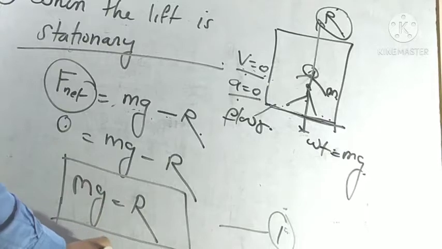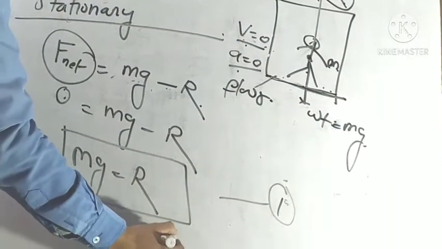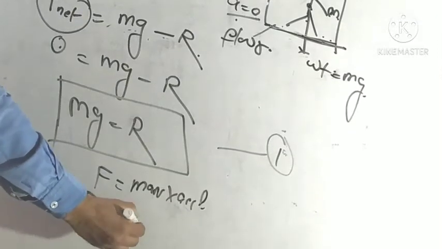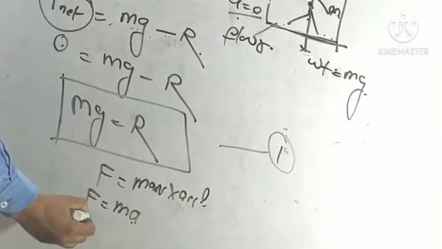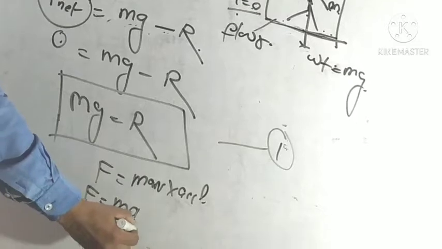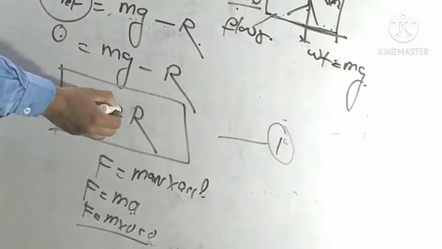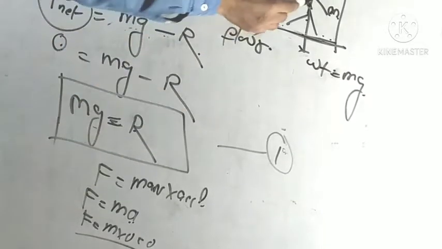We know that force is equal to mass into acceleration, so F equals ma. A is already 0, so m into 0 finally becomes 0. So F is 0, which means the weight of this body is equal to the normal force working on this man.